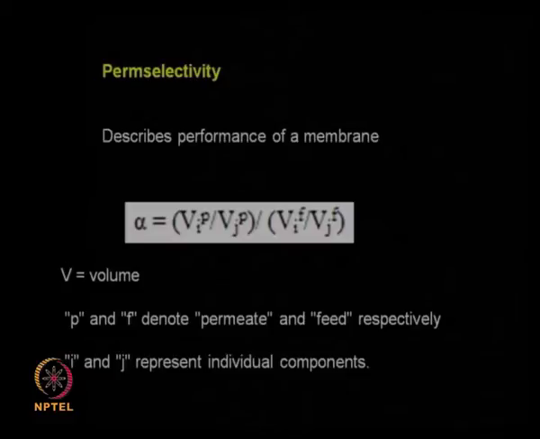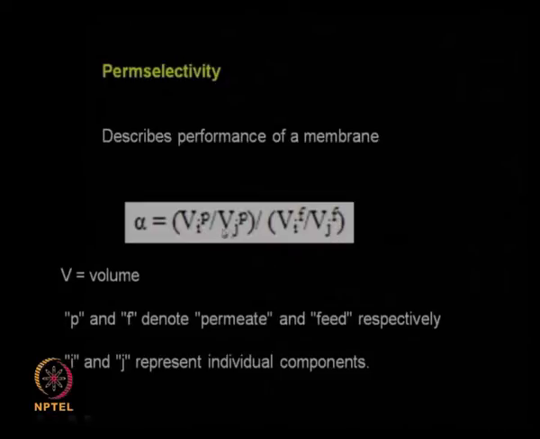Now there is some other term which is called permselectivity. Suppose you have two species I and J, what is the selectivity of the membrane for species I as against the species J, that is what is called permselectivity. Okay. So how do you define it? We have VIP divided by VJP divided by VIF divided by VJF. Okay.